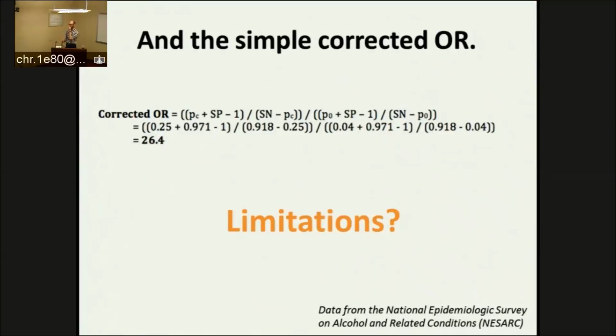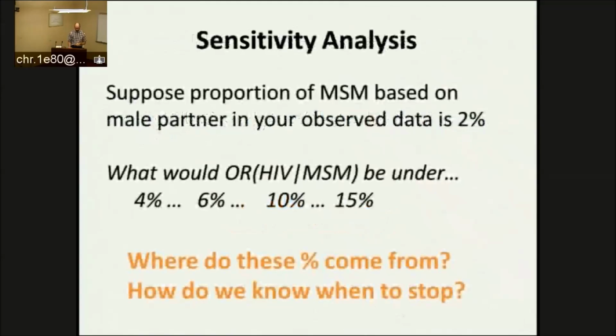It also assumes that everyone has the same sensitivity and specificity. You're treating everyone the same, essentially saying you all have the same probability of underreporting. We could also do a little bit more sophisticated approach, the sensitivity analysis route. We observed in NESARC that classifying someone as MSM based on male partner status was 2%.